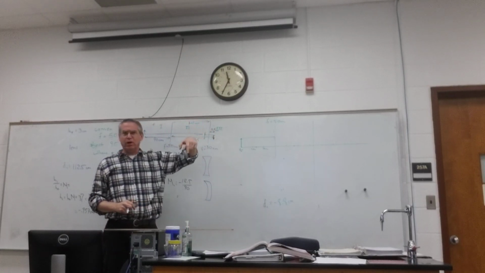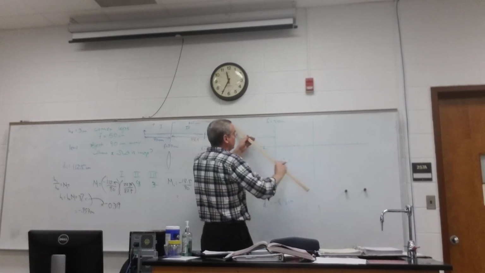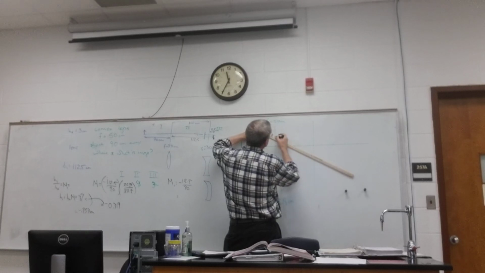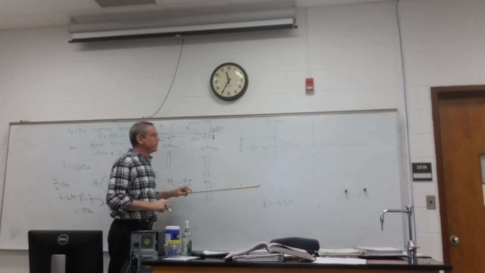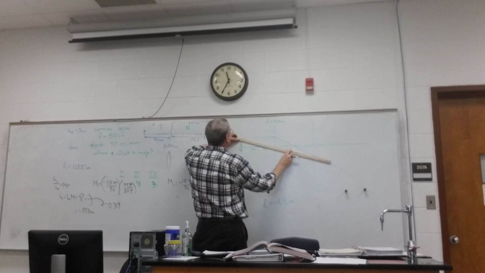It should focus on the focus. This is light coming straight in, so it should go through this point right here. Light that goes through the center should keep going in a straight line.